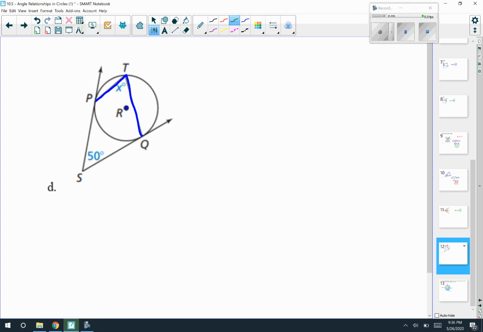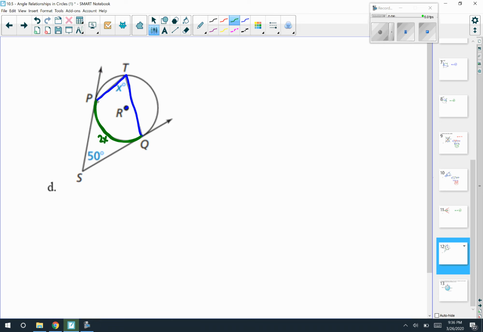Now, the first thing I'm going to think about is I'm going to look at that angle X, and I'm going to look at its intercepted arc. Do we remember that if we have an inscribed angle and an intercepted arc, the angle is half of it? So if the angle is X and that's half of it, then that means that this arc must be 2x.